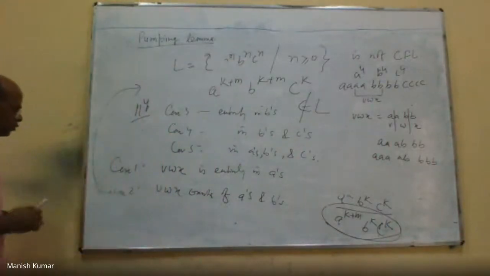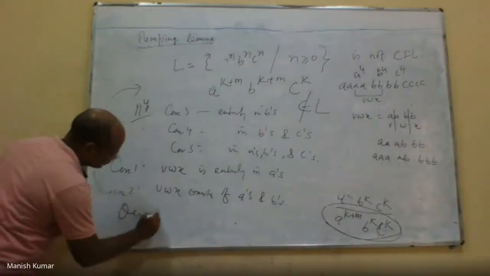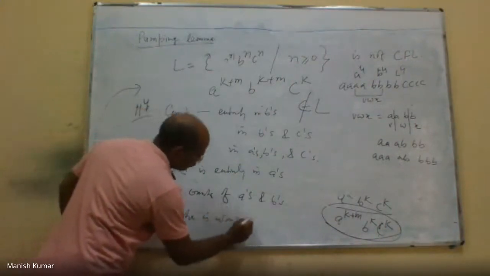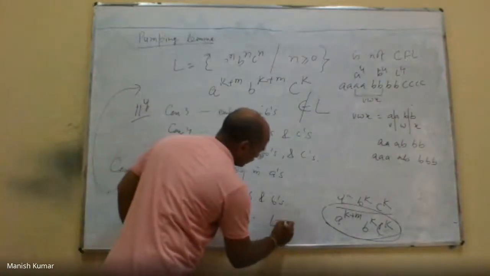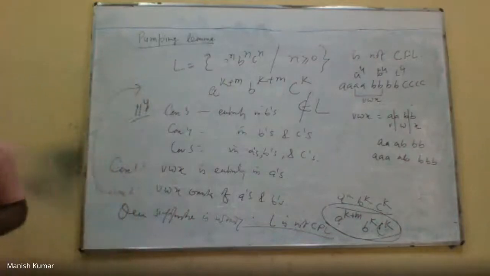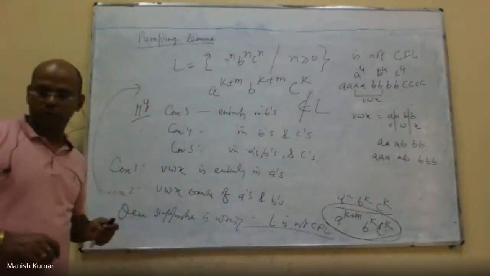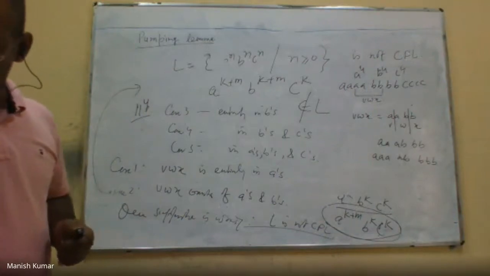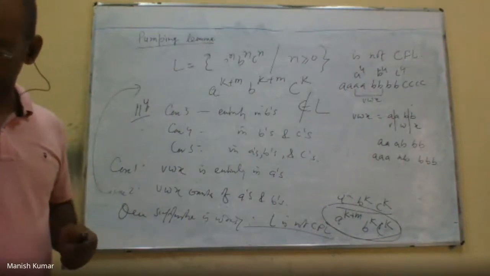Okay. So I can write that our supposition is wrong, and hence the language is not a CFL. Okay, fine. So this is what we have.